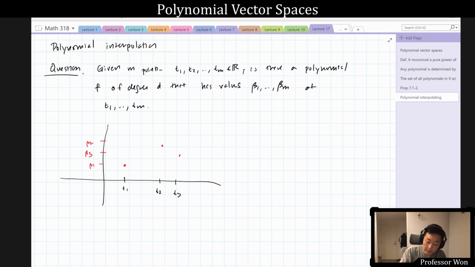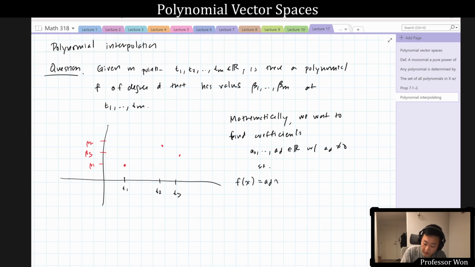Okay, so mathematically, we want to find coefficients a naught up through ad, with, of course, ad being non-zero if you want it to be degree d, such that if you look at this polynomial, this is the polynomial that we're looking for, and you plug in the ti's for x, then you get the beta i's, right?